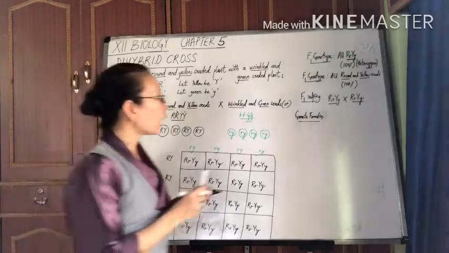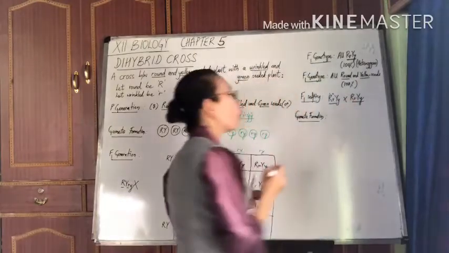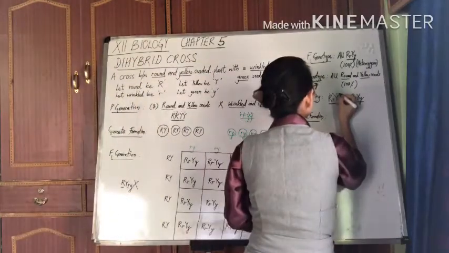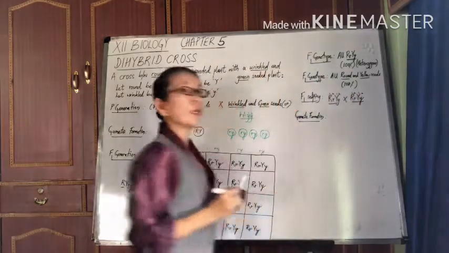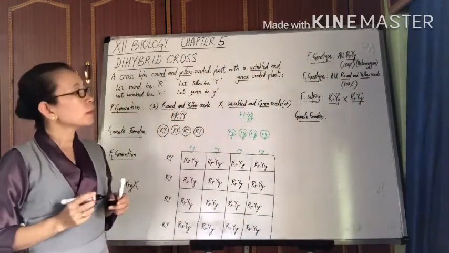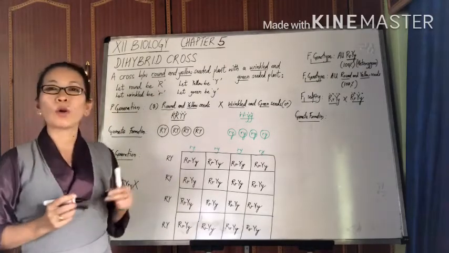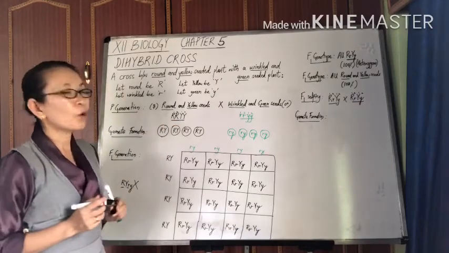Now here we have two of the different R's and two of the different Y's. The first R is capital R, the second R is small r, the first Y is capital Y, the second Y is small y.